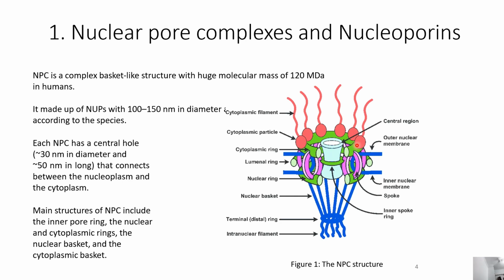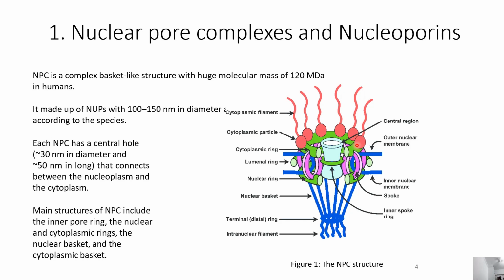So the NPC is a complex structure with a huge molecular mass of around 120 MDa, and it is made up of NUPs. Each NPC has a central channel that connects the cytoplasm and the nucleoplasm.